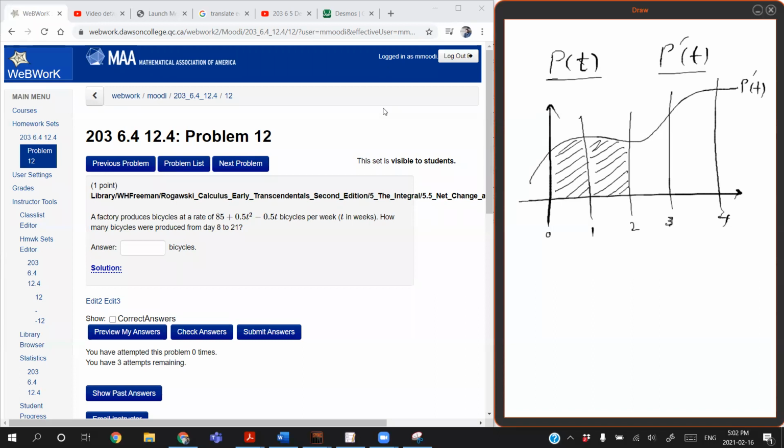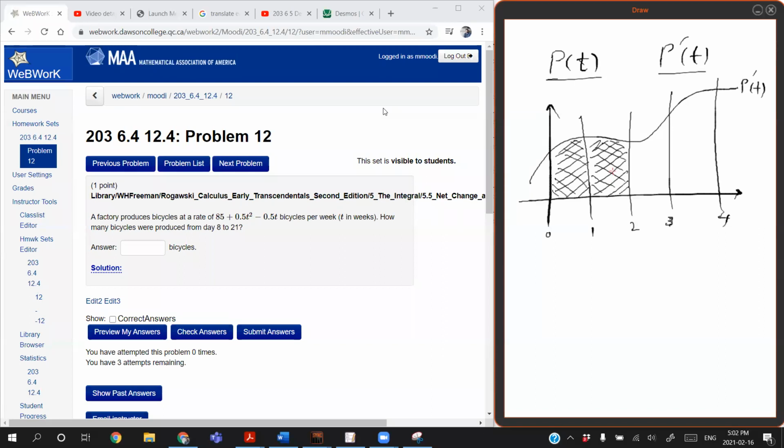If you want to know the amount of production within the first week, you're trying to figure out this area. That would be the amount of production within the first week. The amount of production within the second week would be this one. Imagine you want to know how many of this item has been produced within the second week and the third week.